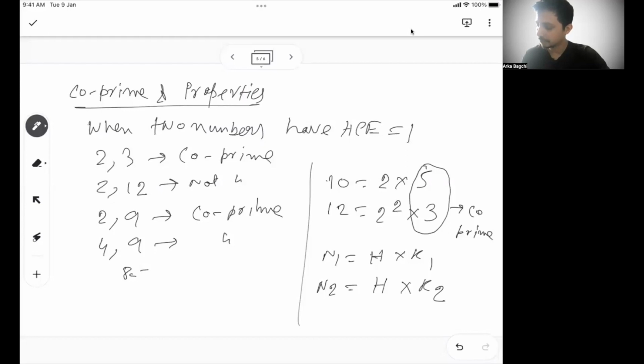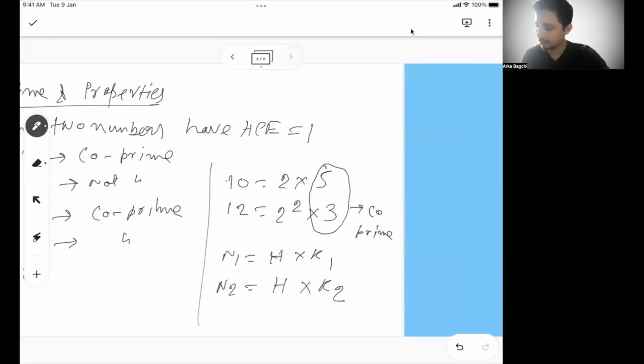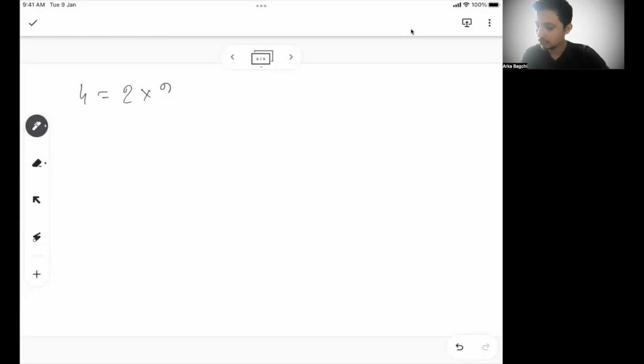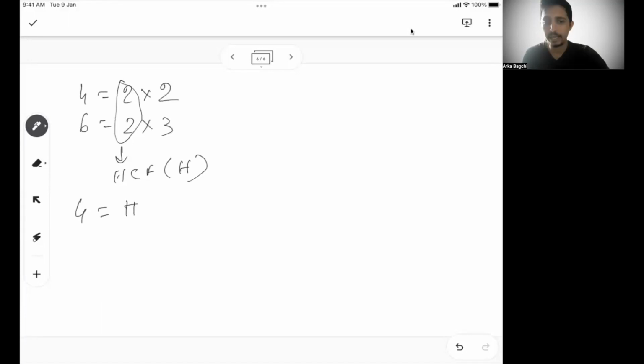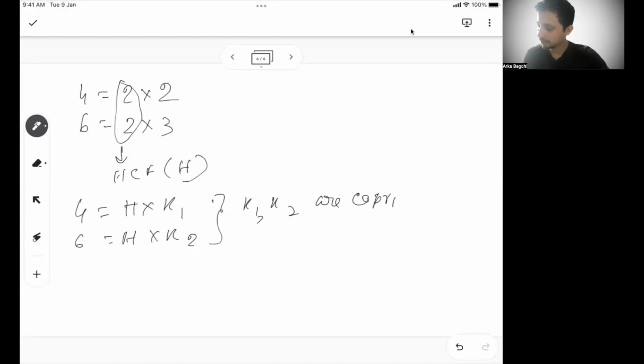For example, take an easy example: 4 is 2 into 2, 6 is 2 into 3. So this 2 is my HCF, which I can note as H. 4 equals H into K1, and 6 equals H into K2, where K1 and K2 are coprime numbers, which are 2 and 3. 2 and 3 in itself are coprime numbers.